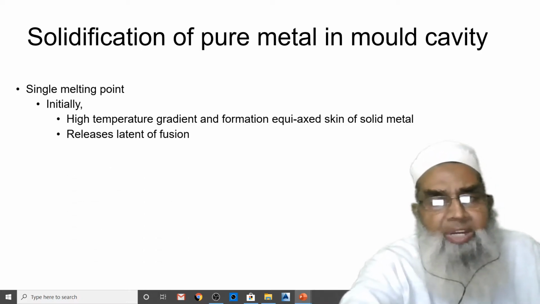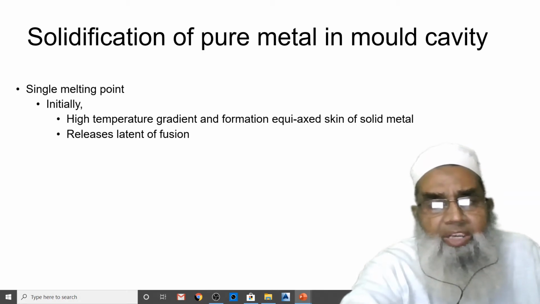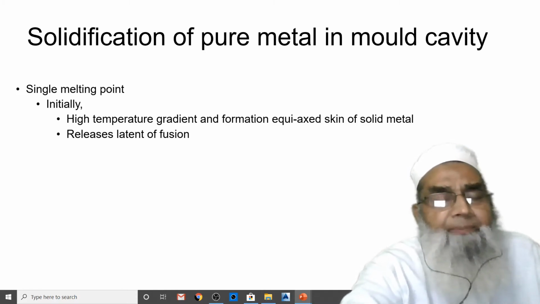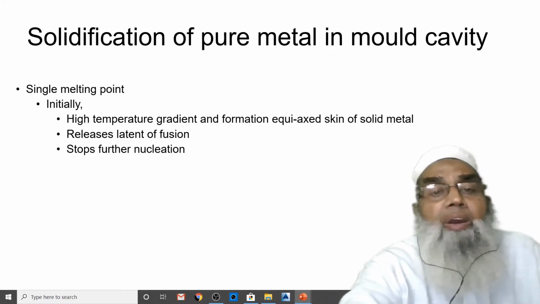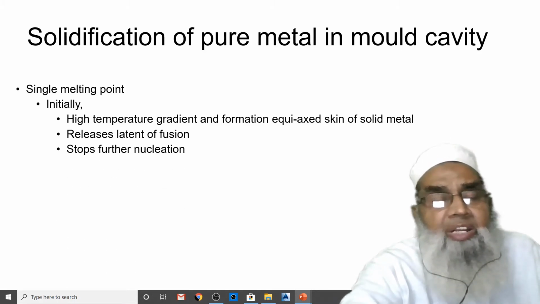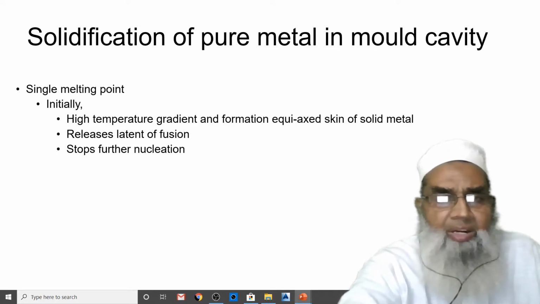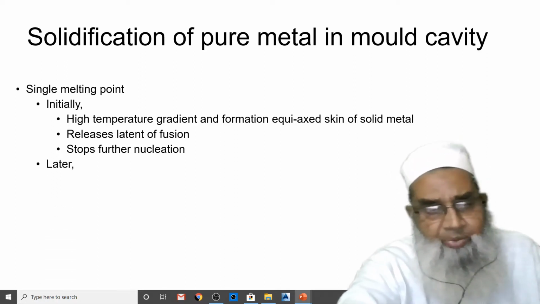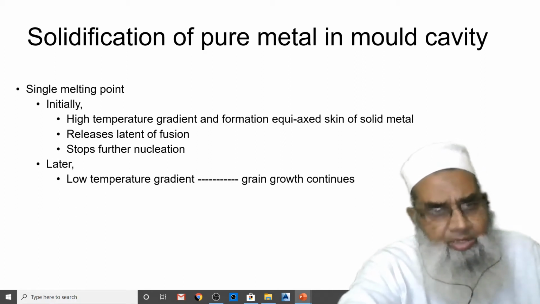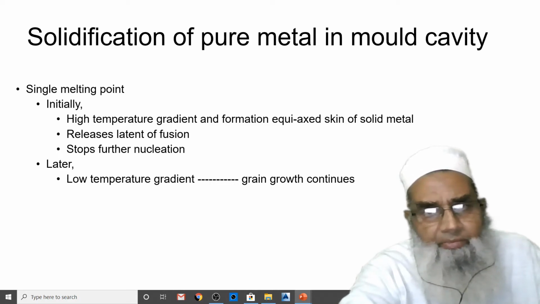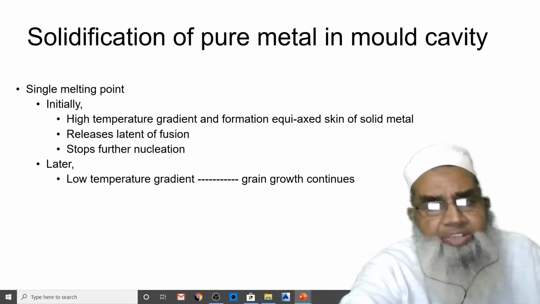Now, the formation of the equiaxed grains releases latent heat of fusion. When latent heat of fusion is being released, this stops further nucleation due to reduction in the thermal gradient. Therefore, later, low temperature gradients occur, and then grain growth increases.